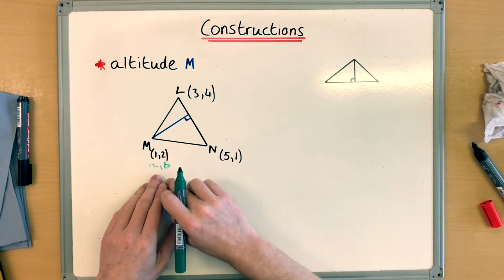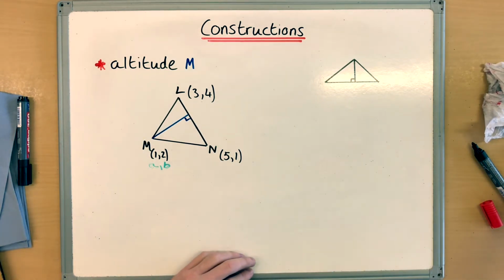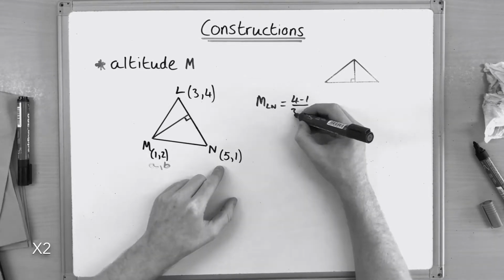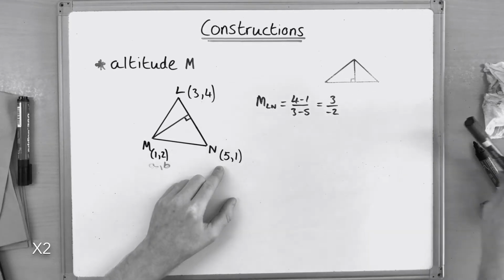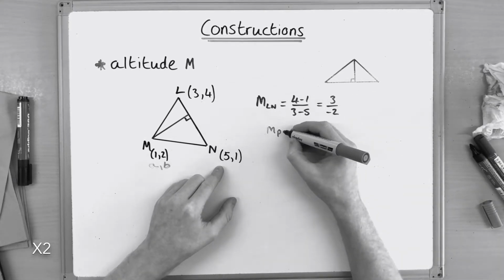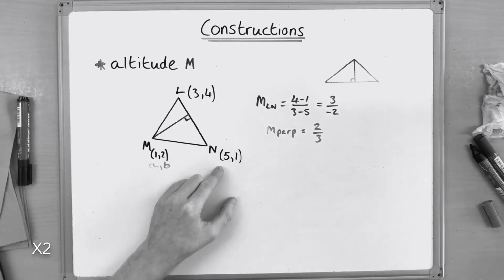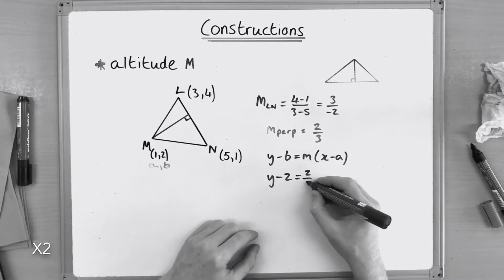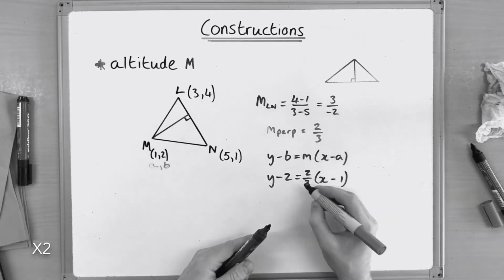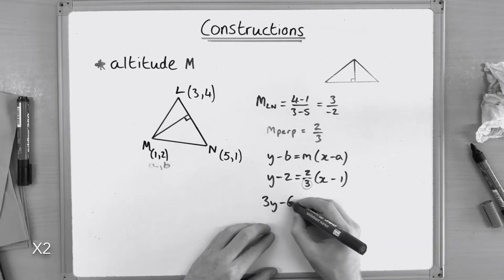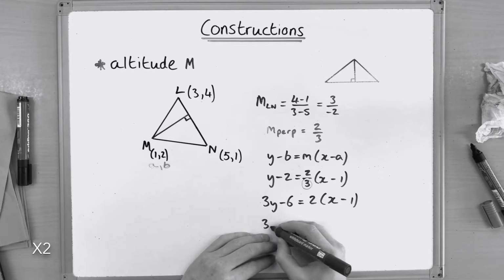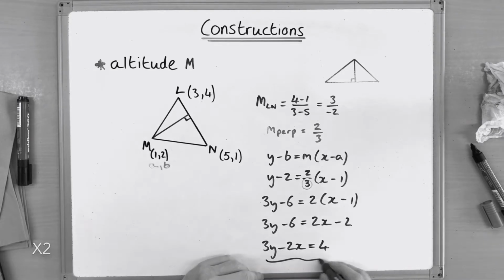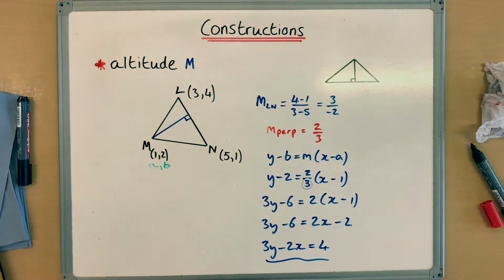And then I'm going to put that together with this, and I'm going to do it all in one go just now. And then we'll go for altitude through M.